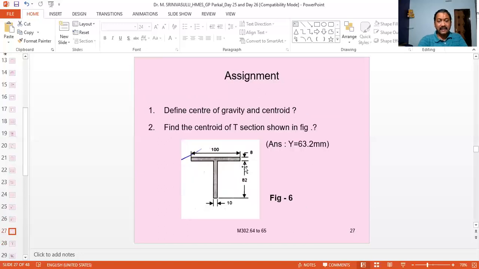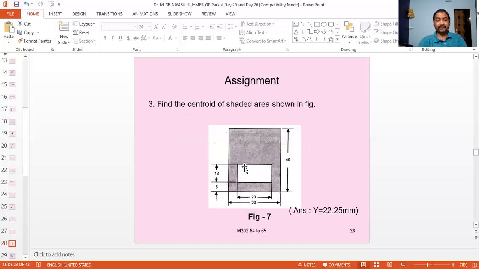And here also, a similar T section is made of two rectangles. The top one is called the flange, and the vertical supporting part is called the web. So we have to divide it into two rectangles, then accordingly find the centroid.